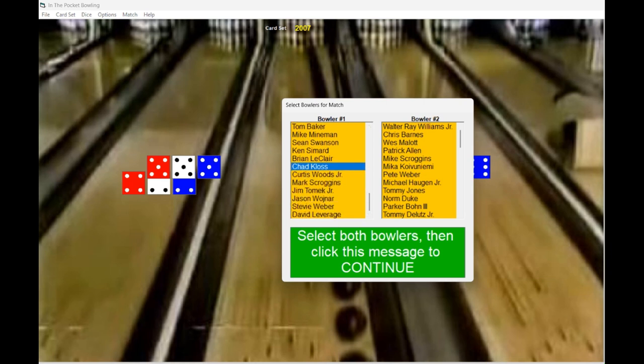So there's 54 guys. We'll do around 32, so I will pick 32 people at random and we'll go from there.